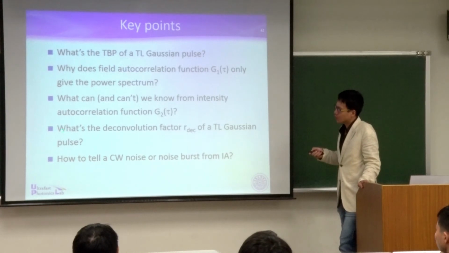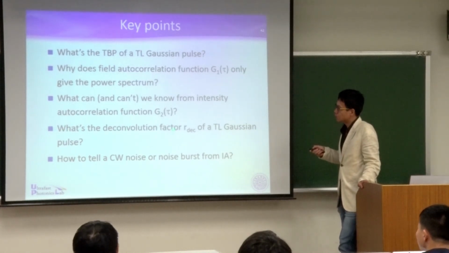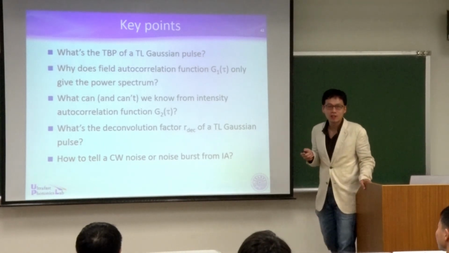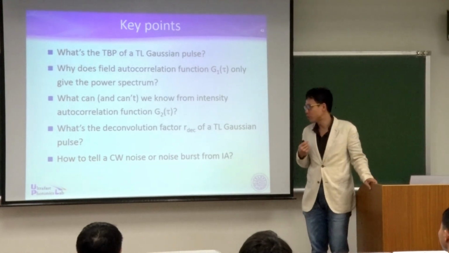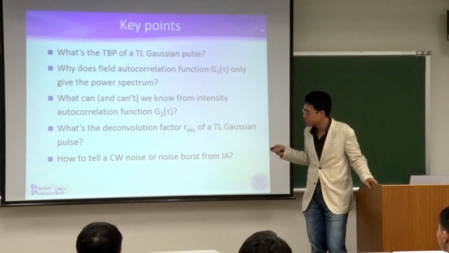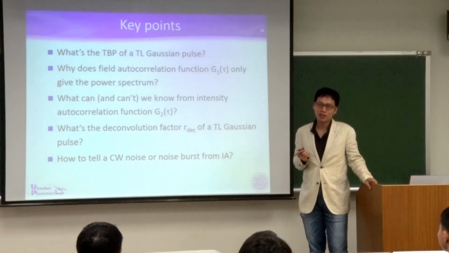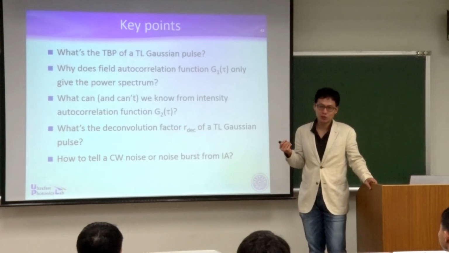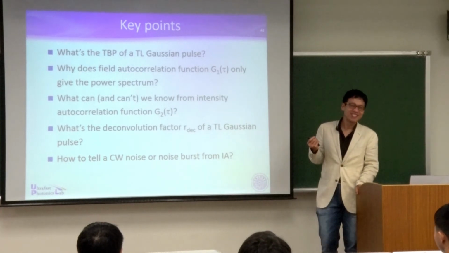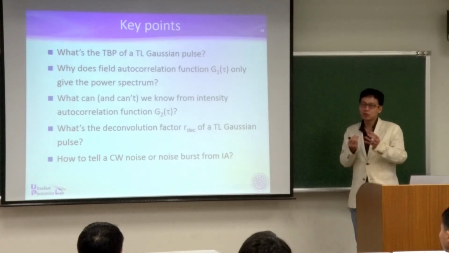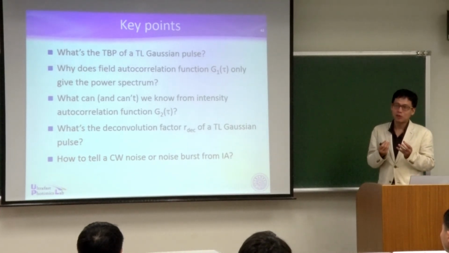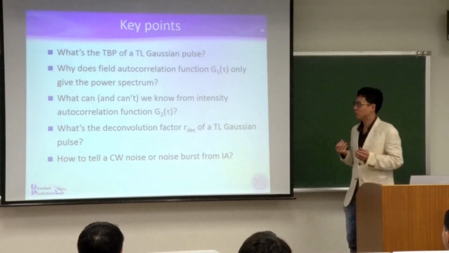The fourth question, what is the deconvolution factor of a transform limited Gaussian pulse? You have to remember the definition of the deconvolution factor first. What is the deconvolution factor? The ratio of two numbers. What is the numerator?